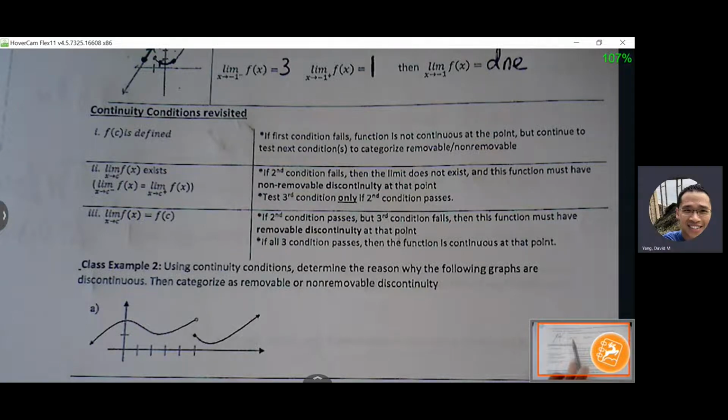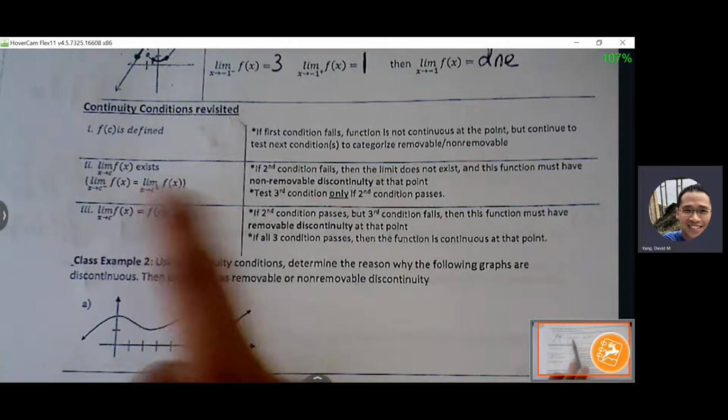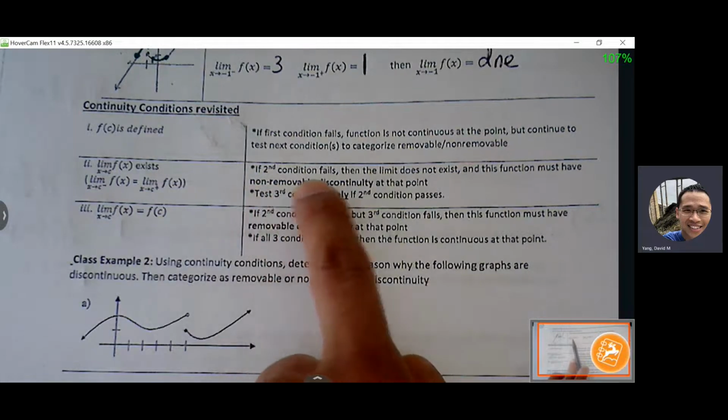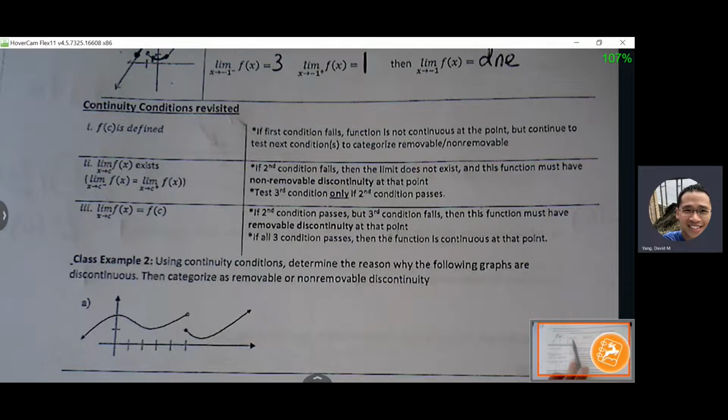Now, second condition asks if the limit exists. If the second condition fails, we know the limit doesn't exist, and we know we're dealing with a non-removable discontinuity, and then we can stop. We're not going to move on to the third condition unless the second condition passes.